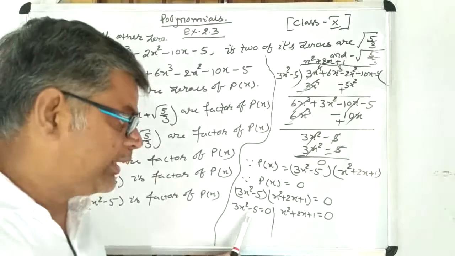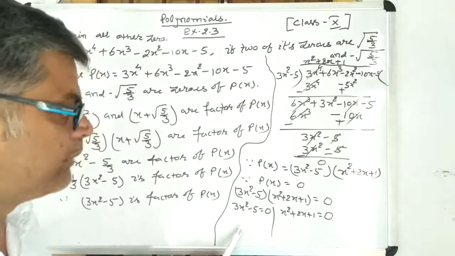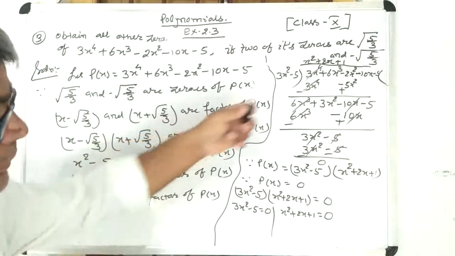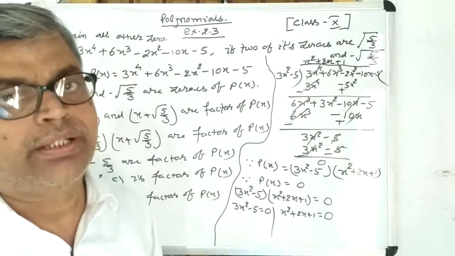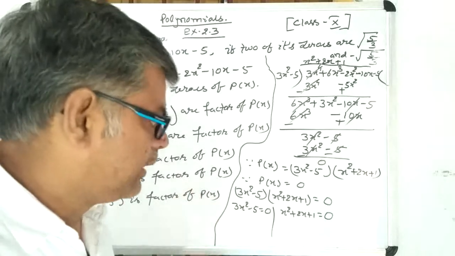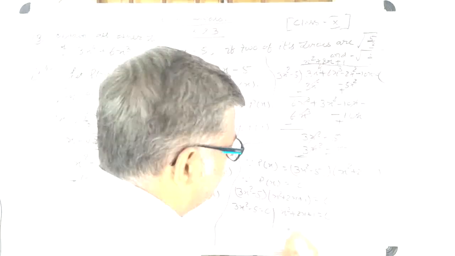There is no need to solve this, because when you solve it, you will get the given zeros, which are already given, and you have to find the other two zeros, so you leave it. Now when you solve it, you can write it as (x + 1) whole square, and when (x + 1)² = 0, then x + 1 = 0.